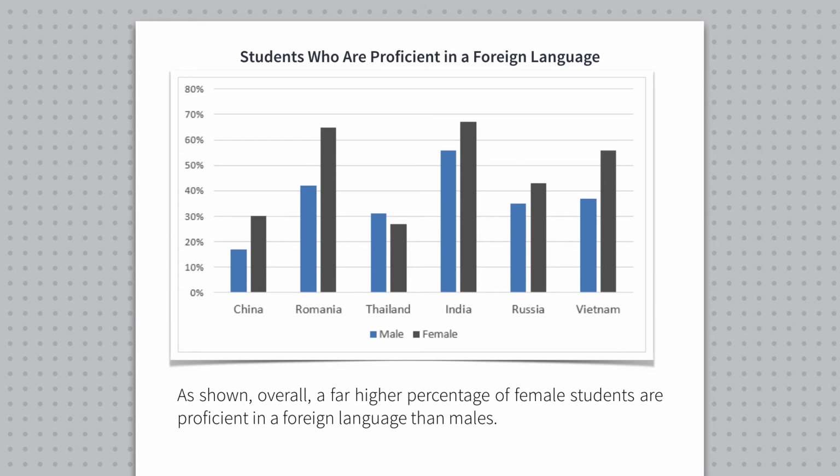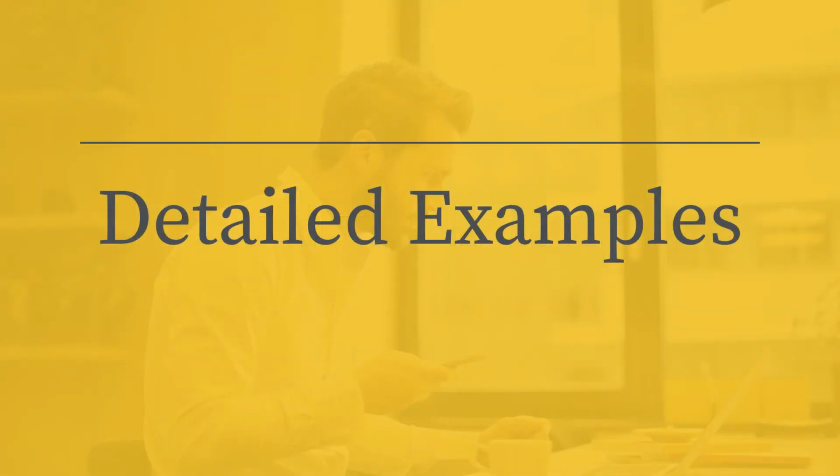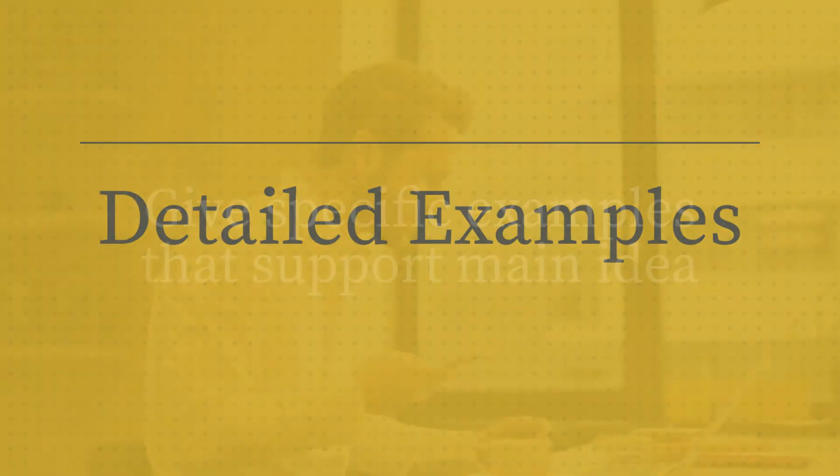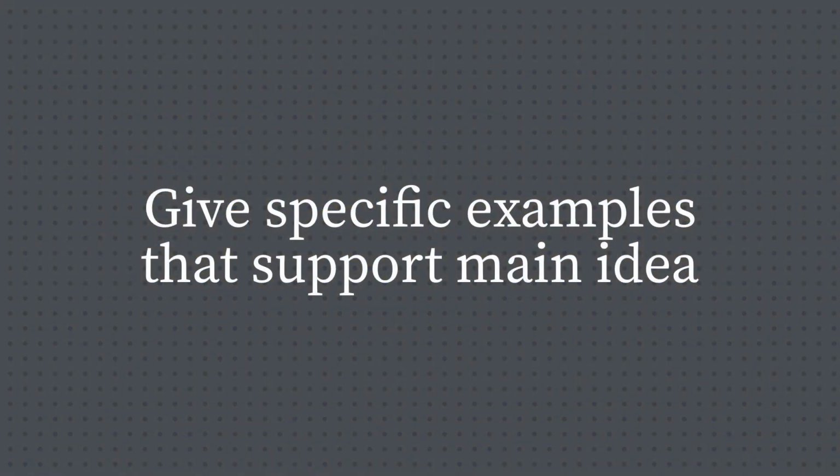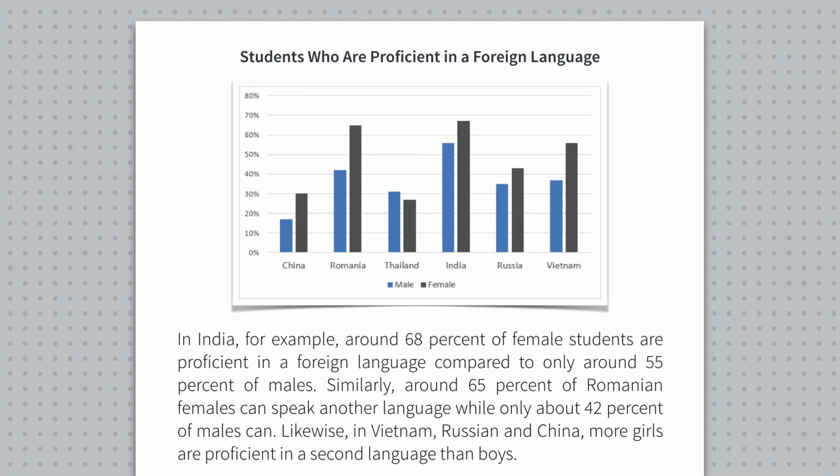We said overall. So once we have our clearly stated trend in our topic sentence, now we need to give detailed examples that prove that trend. We need to give specific examples using the data. We need to give numbers that prove the trend we identified. And you can see we've done that here by talking about the percentage of proficient female students in India and comparing that with the males.